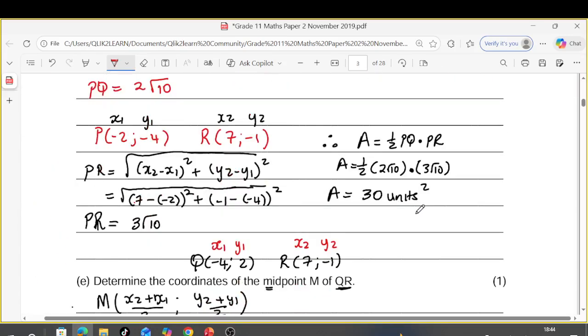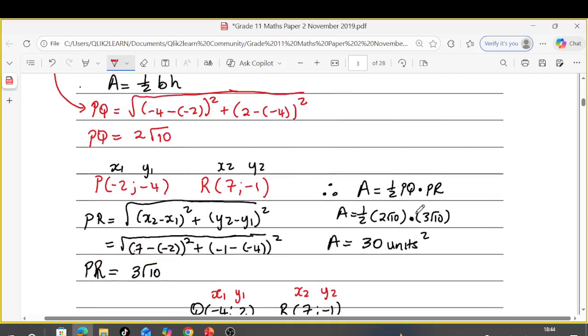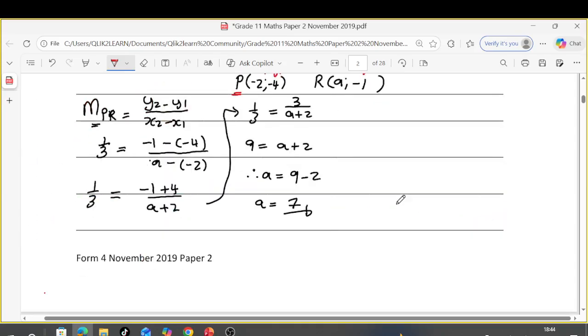Now what was M? M was the midpoint of QR. If this is my QR, where is M? M is this point here, and we have this as (3/2, 1/2). Now they want us to find the line through M that is parallel to PR.